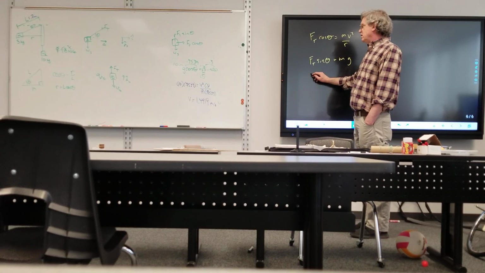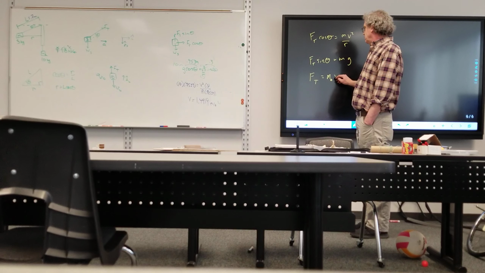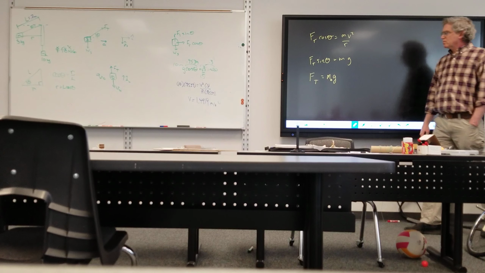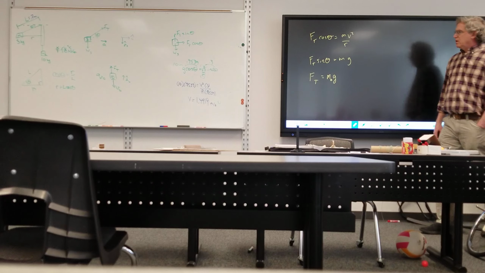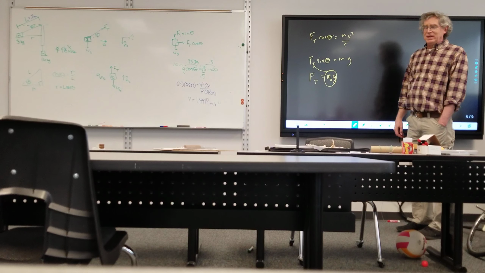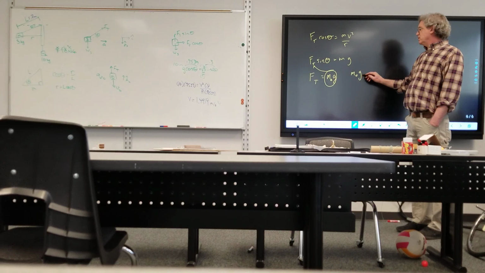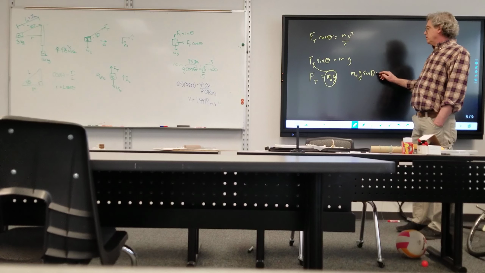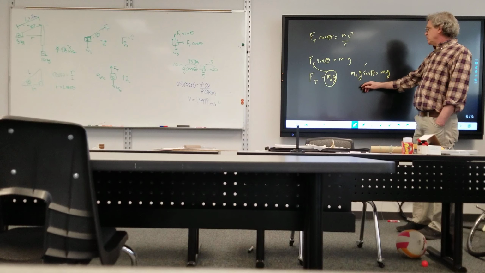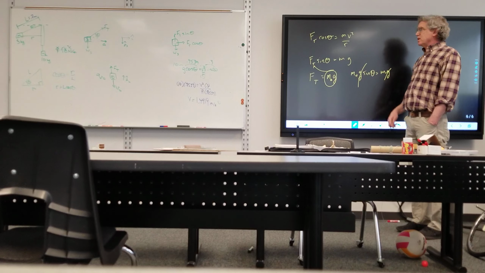And then Ft equals m10 g. We can pop that into here. We still don't know what m is, so we have m10 g sine theta equals mg. The g's cancel out, and we have this relationship: m is equal to m10 sine theta.